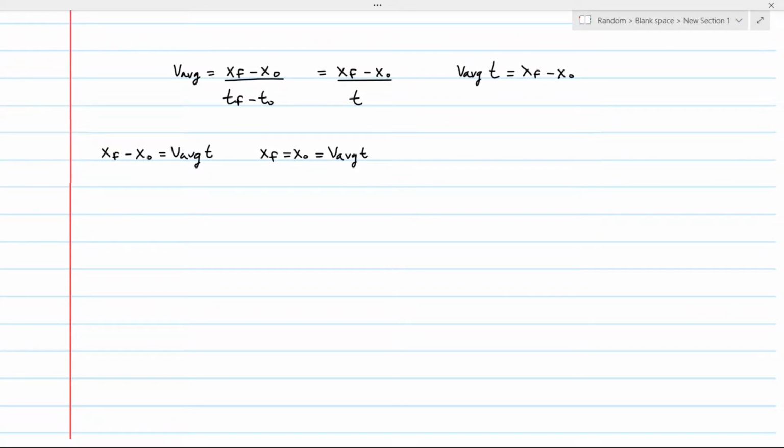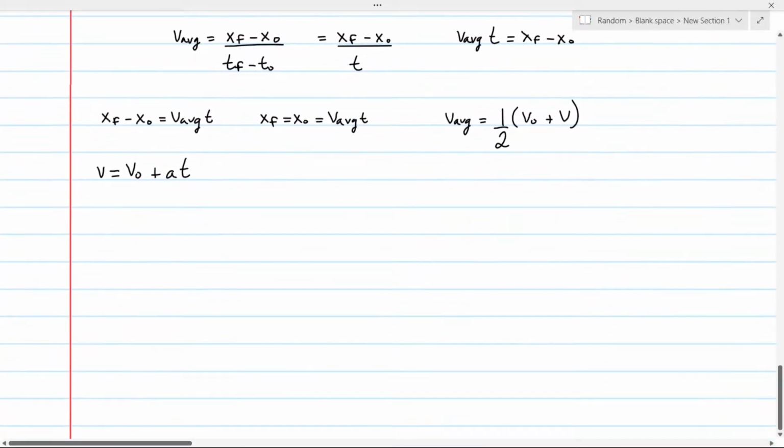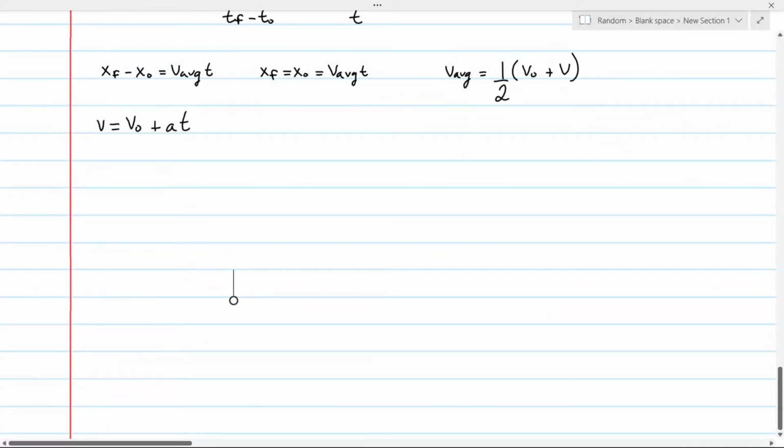If we then say that the average velocity can be written as this, then we can also use an earlier result which said that the velocity is equal to the initial velocity plus an acceleration times time. Substituting that result into the average velocity.